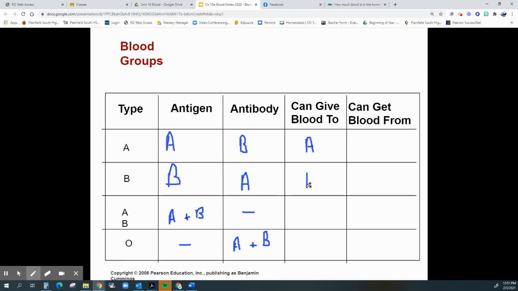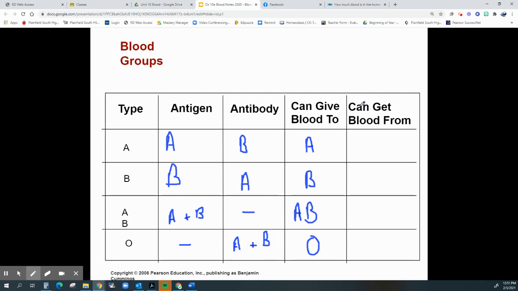People who are type B can give to type B. People who are AB can give to AB, because they can't give to both A and B. If we give to both, then one or the other will clump. People who are type O can give to type O. They can only give to type O because, again, they produce both antibodies.